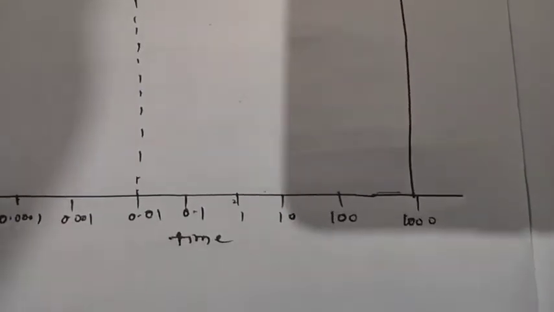So we have two curves, the CBEMA curve and another one, the ITI curve. The ITI curve replaces the CBEMA curve.